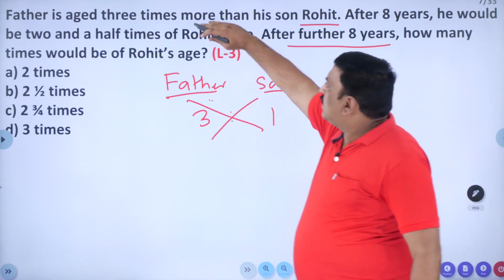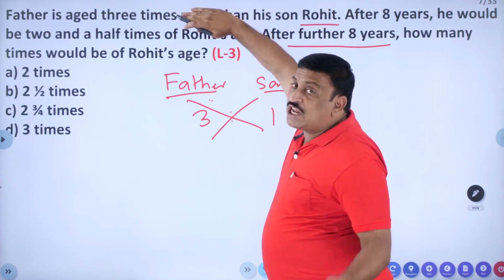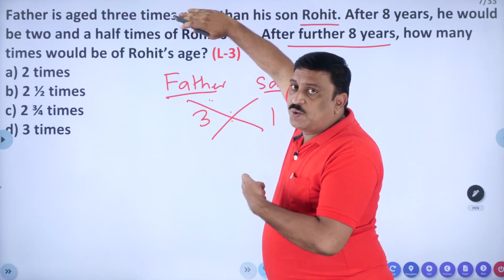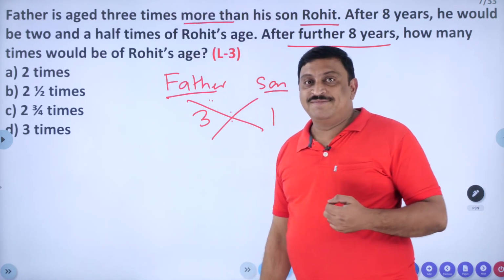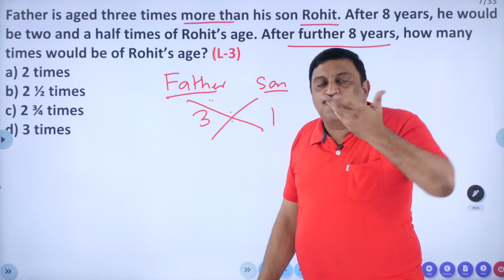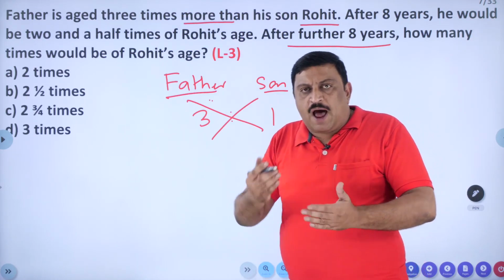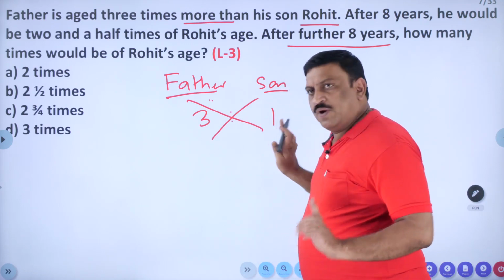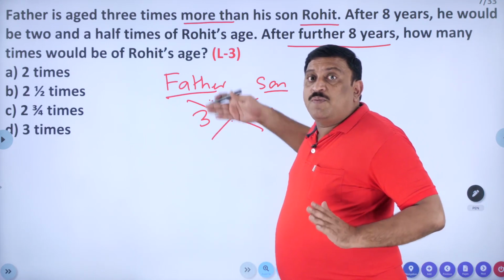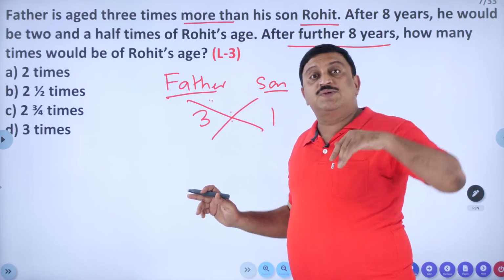Did they say that it is 3 times of his son? If father is 3 times of his son, it is 3:1. But it is said 3 times more. 3 times more means what? Already 1 is there, and if it is not there, it is 3:1. Fine. 3 times more means extra 1. So it is 4. Totally it is 4.